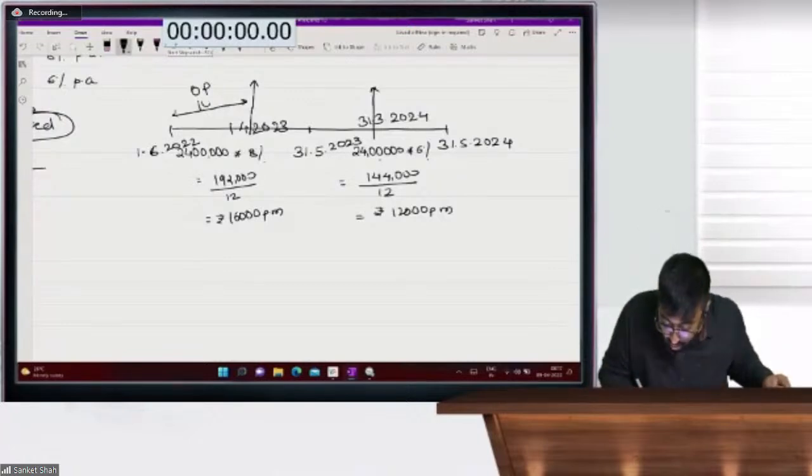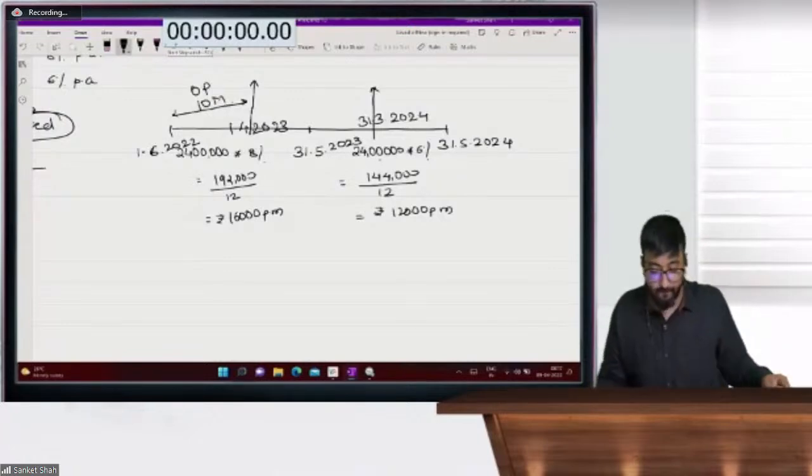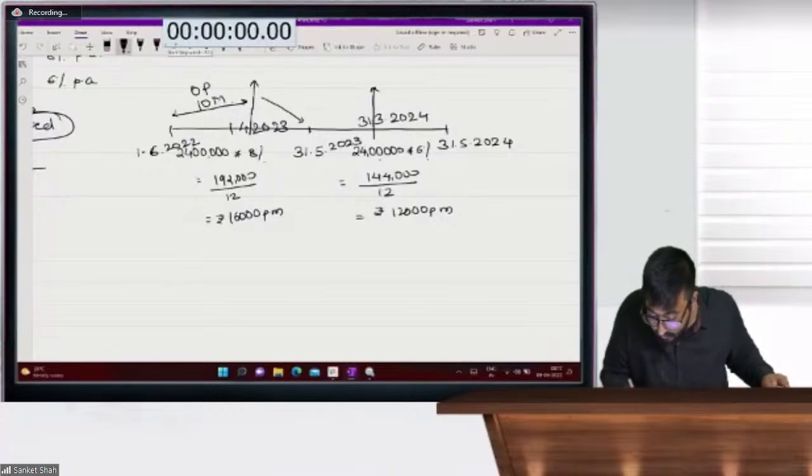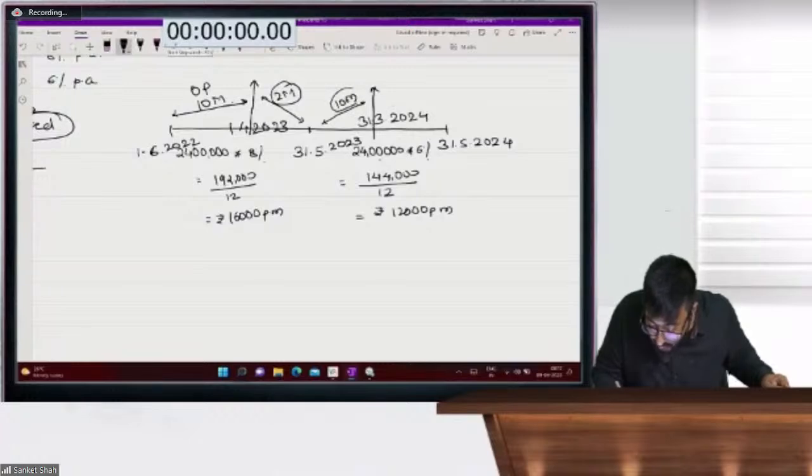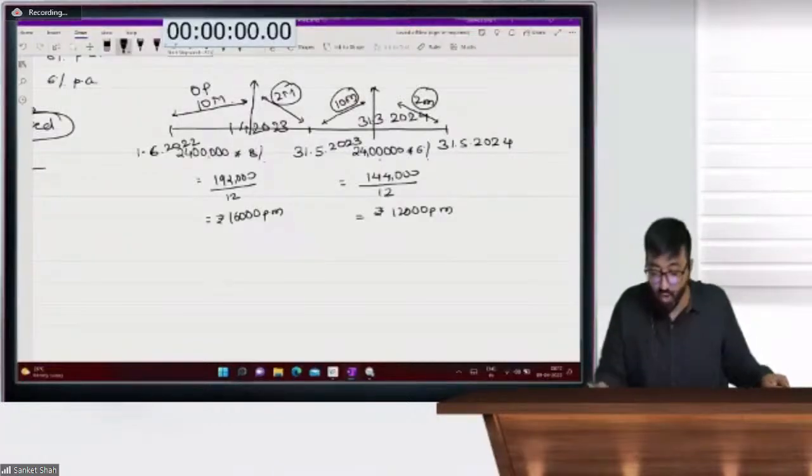So 10 months, and in the next period it is 2 months. Similarly, 10 months closing and 2 months in next year. We are not concerned for this.